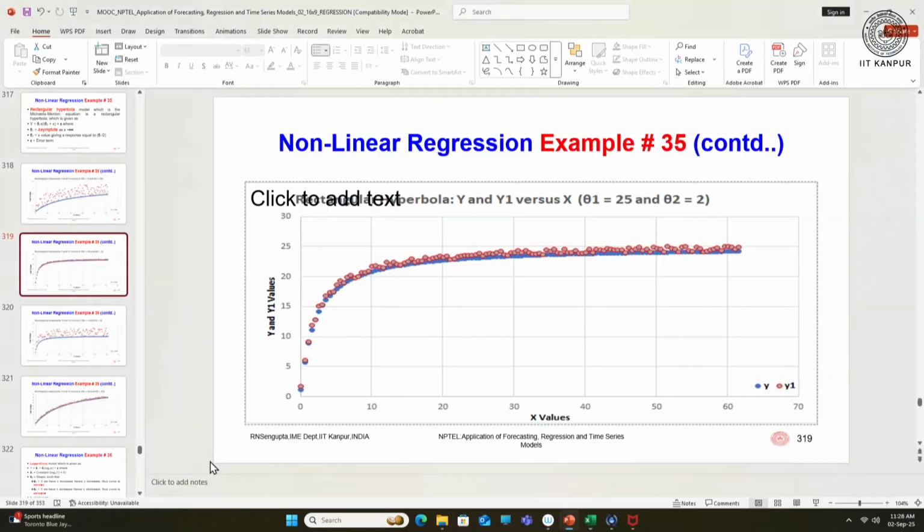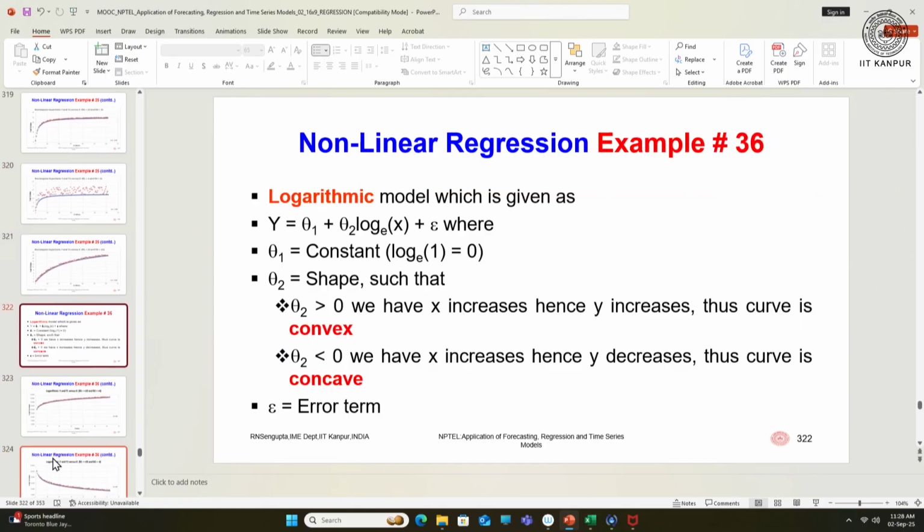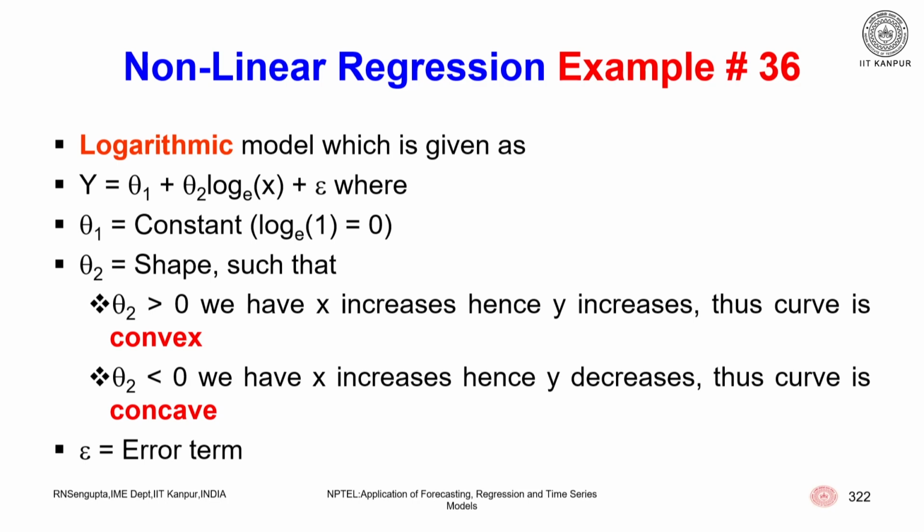independent x. Now, let us go to the next example, which is the logarithmic model. The logarithmic model looks like the linear regression model, but with a slight twist. A logarithmic model is of this form which you can see. Let me go to the slide show view. So, you have y is equal to theta 1, a constant, plus theta 2 into log of x, Neperian log.